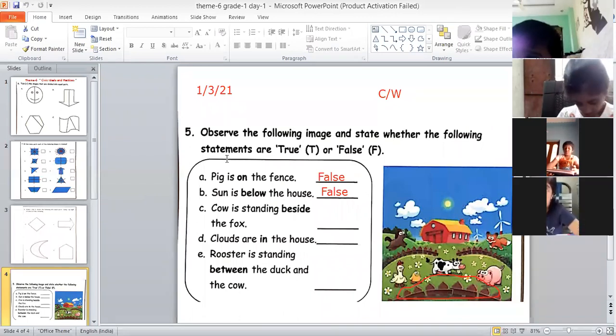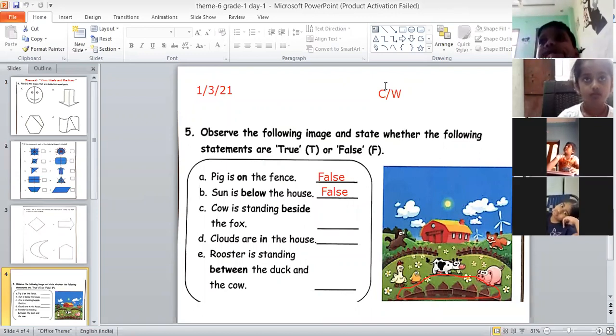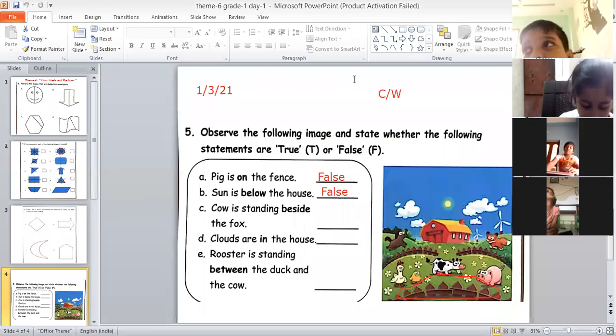Cow is standing beside the fox. Beside means next to. Now, Veda, you tell me, is that cow standing beside the fox? Next to fox? No. So this statement will be false.